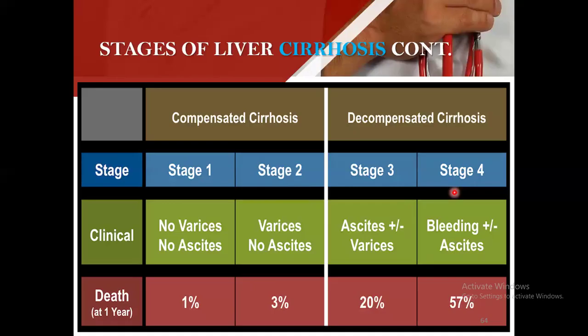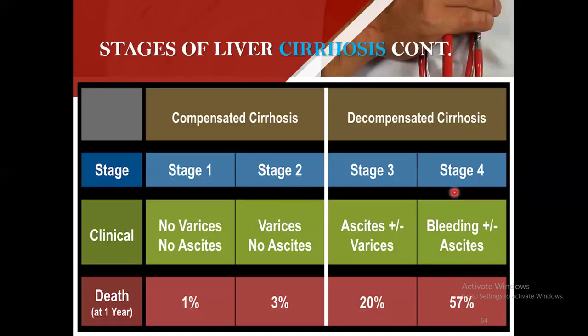So most of the time they have to do surgery and correct that. They pass a shunt, so that blood will not go through the portal vein, but will bypass it, and then it will release the pressure.